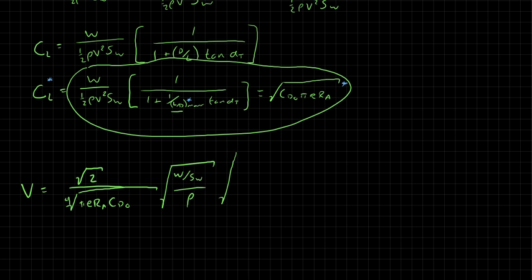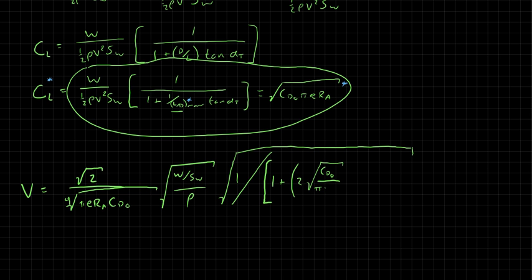Okay, now this last term, let's see if I can write this cleanly. It's kind of an ugly thing. So this is 1 divided by a whole bunch of stuff, okay? 1 divided by 1 plus 2 square root of CD naught over pi ERA plus CD naught L, all times tangent alpha t. That's in the bracket.